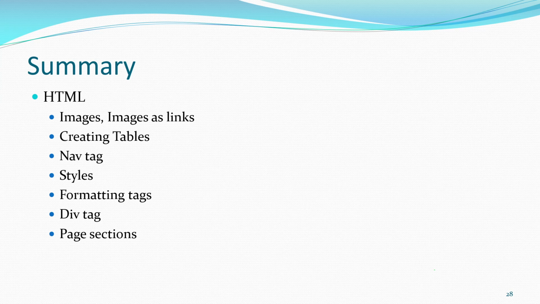Then we introduced some of our normal formatting tags and how we can affect them. And then we looked at the division and page sections that are now available for breaking up a web page and isolating effects that we want to control.